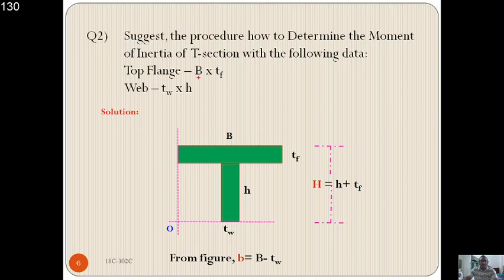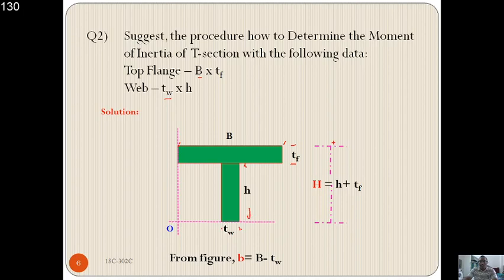In this case, the top flange is B, meaning the width of the top flange is B and the thickness is Tf. Similarly, the web is given a width of Tw and a height beneath the flange of h.